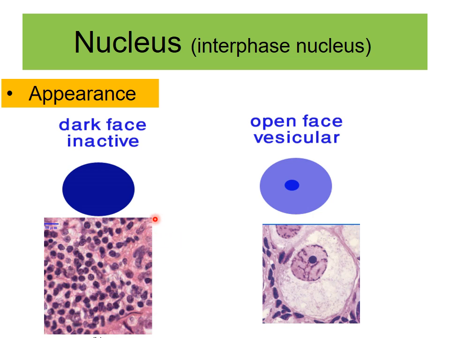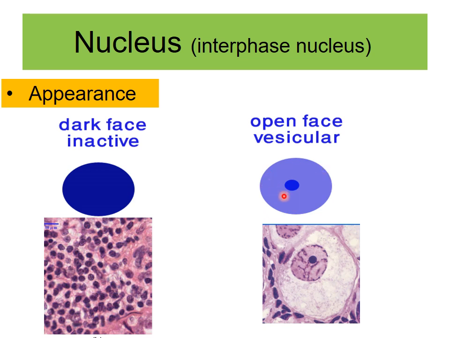Regarding the appearance, the nucleus might be of two forms. The nucleus might be darkly stained, and in this case we call it a dark phase nucleus or inactive nucleus. As we see here, this nucleus is darkly stained. We cannot see any details inside this nucleus, and this is a photo of inactive or dark phase nuclei.